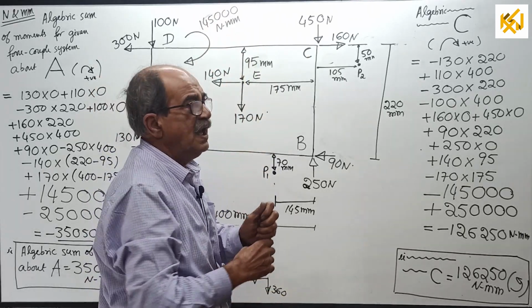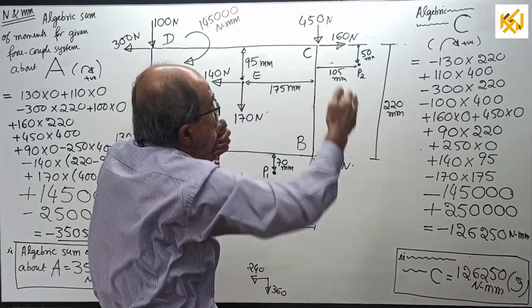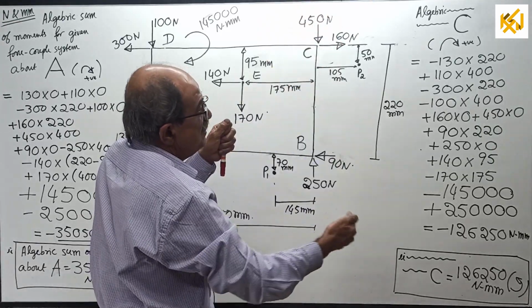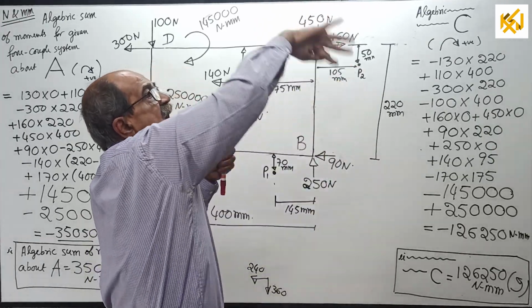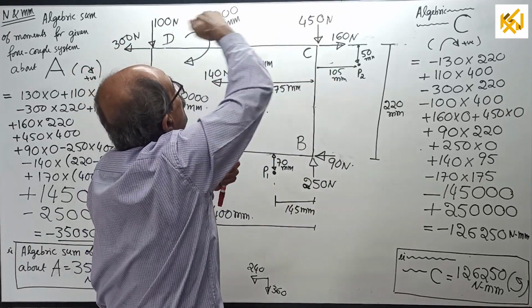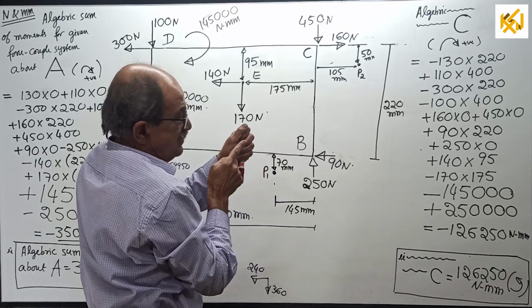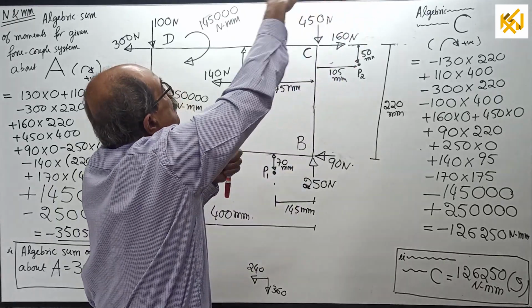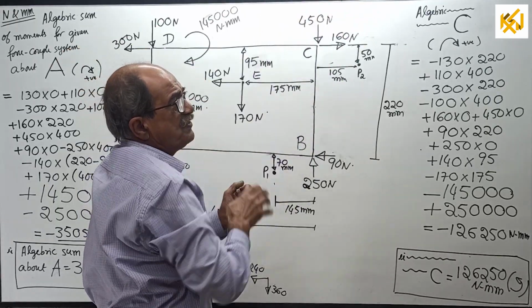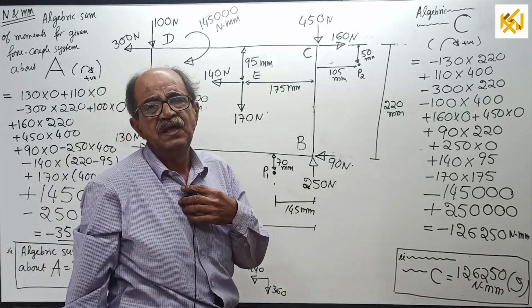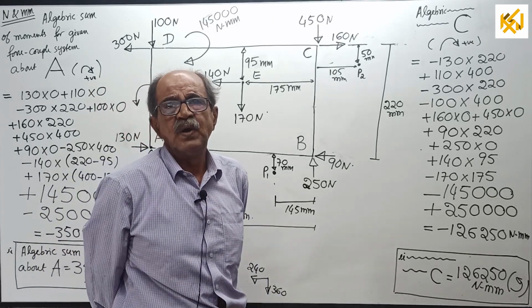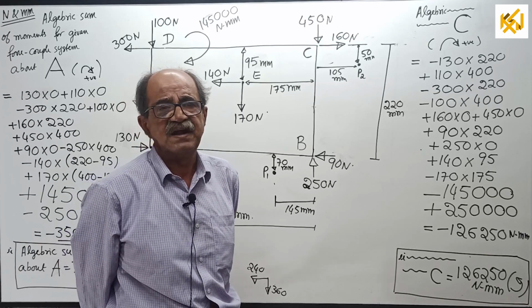Be careful: if the force is like this, clockwise; if the force is like this, anti-clockwise. Holding at this point, force like this, clockwise; force like this, anti-clockwise. Already very thoroughly explained. So further, it is your effort that is required to understand.